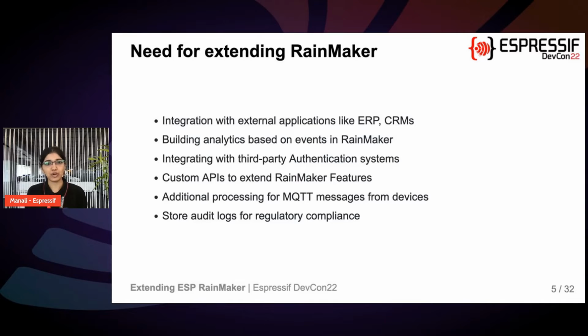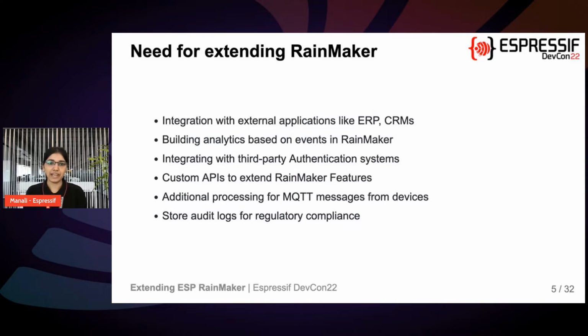In case you have your own user management system, you can integrate it with RainMaker. Or custom APIs wherein you need something more from RainMaker, and additional processing for MQTT messages, which is specific to your product, and also storing audit logs for regulatory compliance, which is specific to you. So these are some of the examples for extending RainMaker.